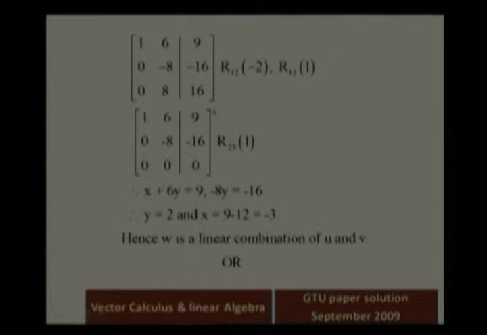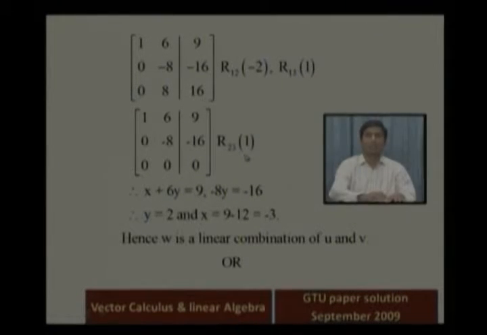Now we multiply the second row by 1 and add it to the third row, because the second and third rows are almost the same, just multiplied by -1. So the third row becomes 0. Now you can see this is your augmented row echelon form matrix. From that matrix we can easily solve the equations.